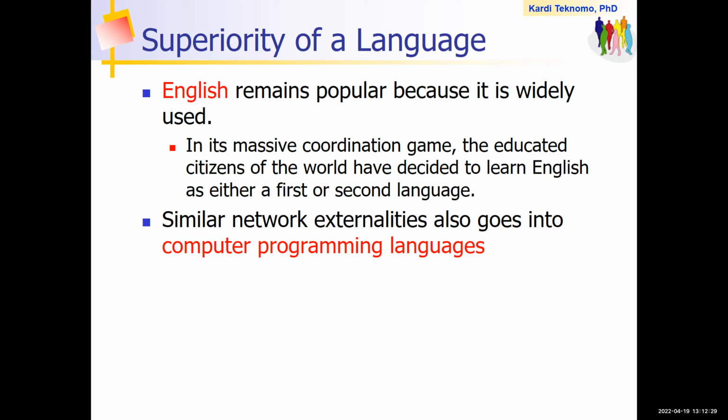So the educated citizens of the world have decided to learn English, either as a first or second language. So the same with computer programming languages. Why do only a few programming languages actually become so popular, like Python, C++, Java, and so on? Right? So there are hundreds of programming languages, but only a few are popular.